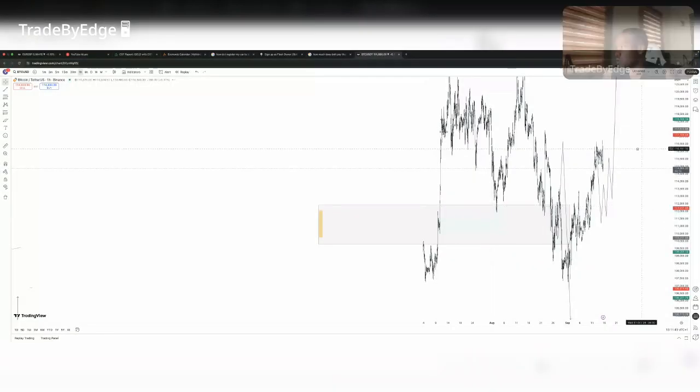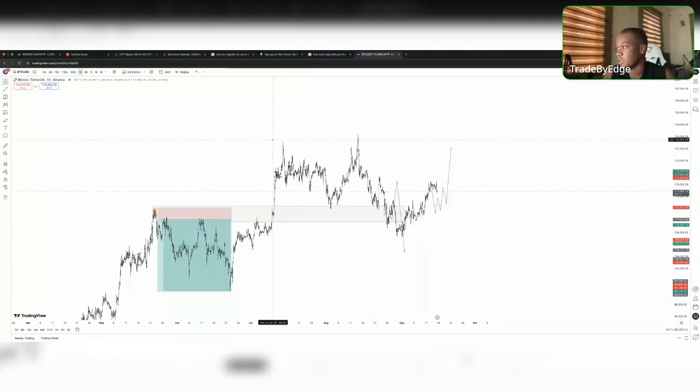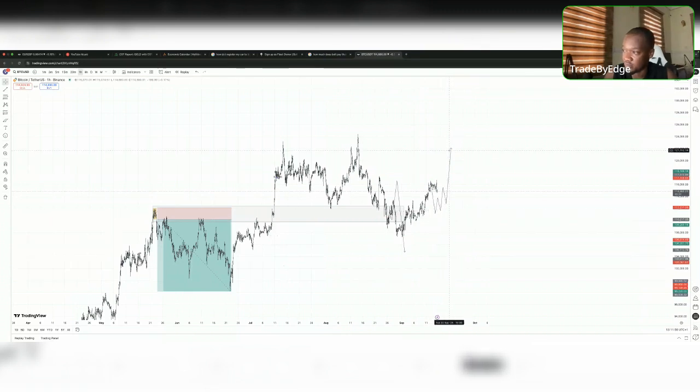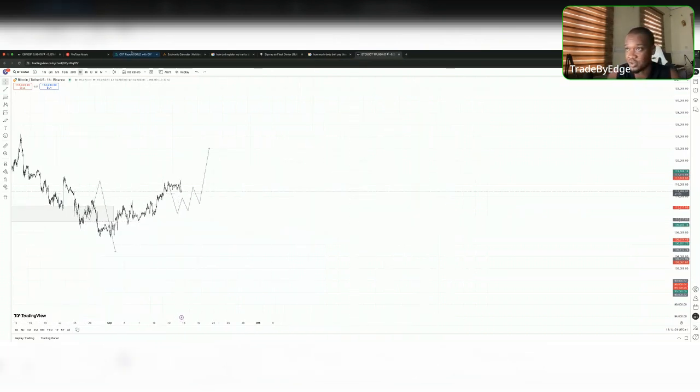Okay, right now we can see price swept liquidity here. I give us this, and currently we are going up gradually. Now we might just sweep our liquidity here and continue buying. Yes, we might sweep our liquidity here. For now, I'm not seeing any clear entry on this guy.